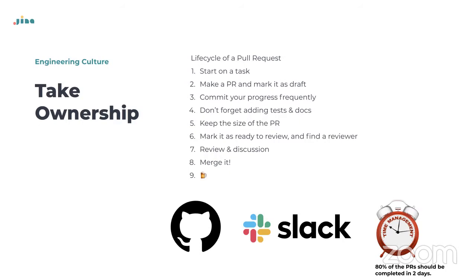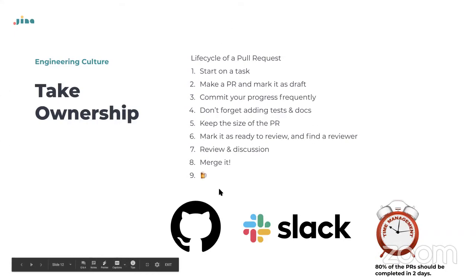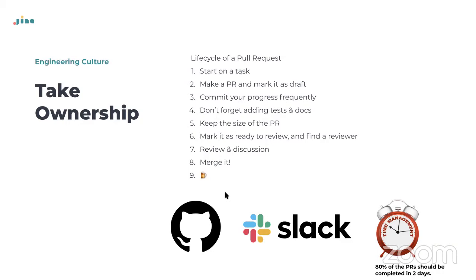And it will also set a good example to the open source community, how we work as an open source company, right? So this is very important. And also time management on the pull request. Usually don't make a super big pull request. Usually 80% of the pull requests can be done in 2 days, right?